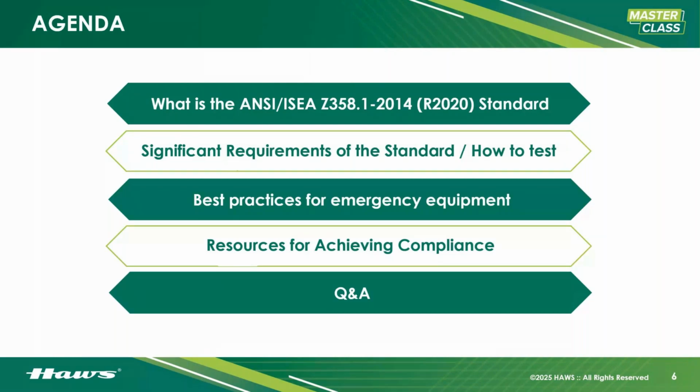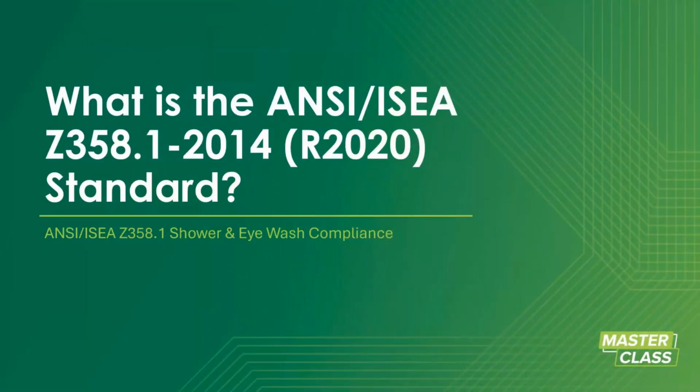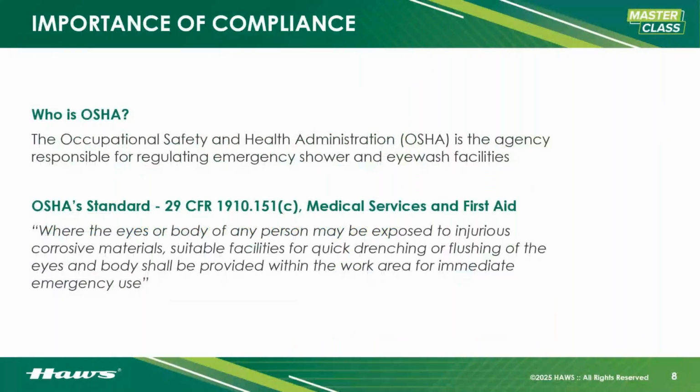So we're going to dive into what the ANSI ISEA Z358.1-2014 R2020 standard is and what it entails. The first thing you need to understand is who OSHA is. OSHA is the Occupational Safety and Health Administration. Everybody should know that, right? We all know OSHA. They are our health and safety administration in the US.